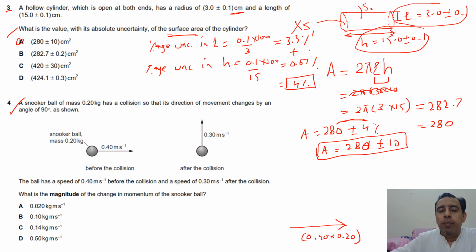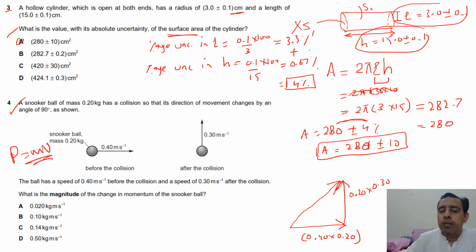The formula for the momentum is mv, the mass and velocity product, and this is again 0.20 into 0.30, and this is actually the change in the magnitude.